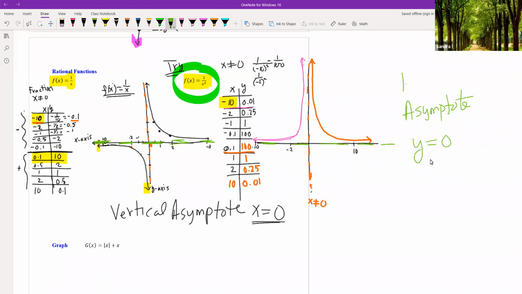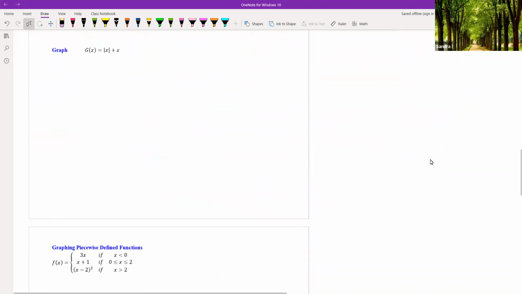That will be a horizontal asymptote. But in this case, we're not talking about those asymptotes yet. We will get to discuss these asymptotes at a later time. But right now, just know that those values that you cannot cross on these graphs are a vertical asymptote at x equal to 0, and a horizontal asymptote at y equal to 0. Okay, let me go ahead and move on to graphing this.